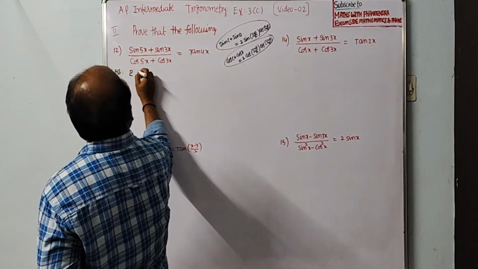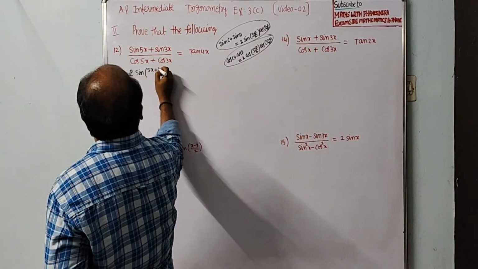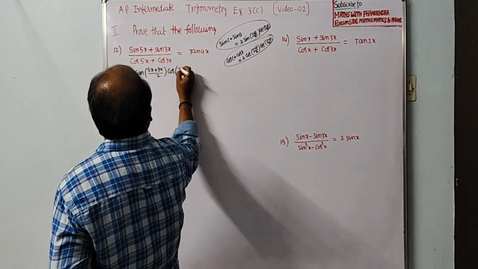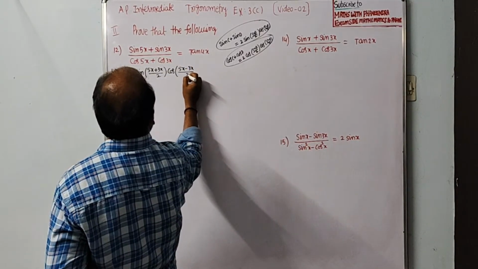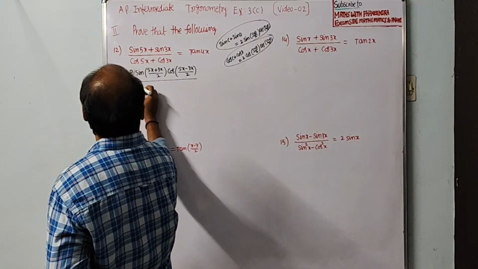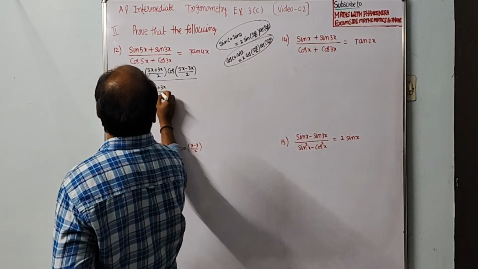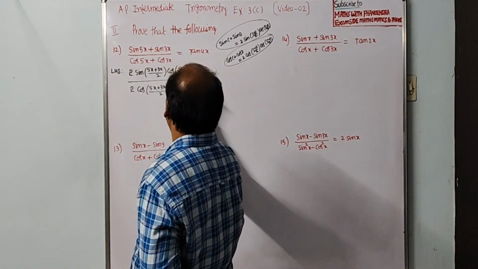See here, 2 sin c plus d by 2, 5x plus 3x divided by 2, cos 5x minus 3x divided by 2, whole divided by 2 into cos of 5x plus 3x divided by 2, cos of 5x minus 3x divided by 2.